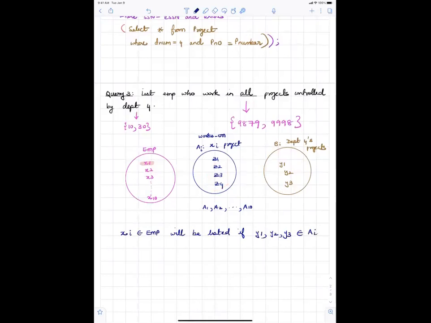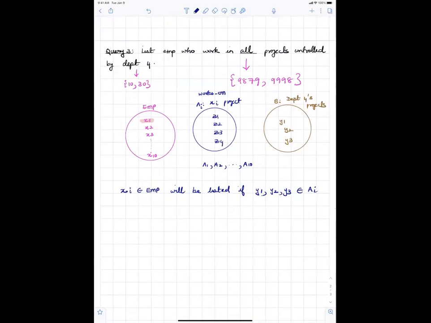Does that make sense? So that's what this query is asking: Xi will be listed if Y1, Y2, and Y3 are all elements of Ai. That's what the query should do. Is this clear to everyone?